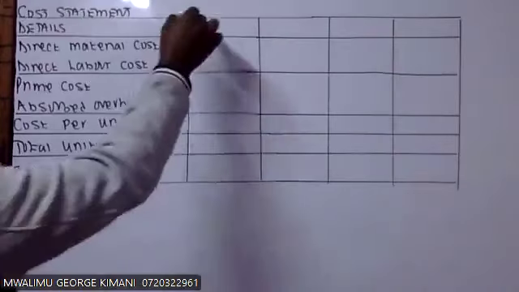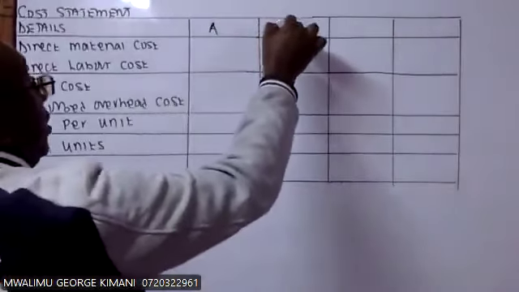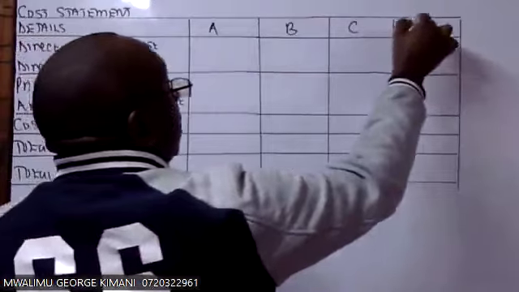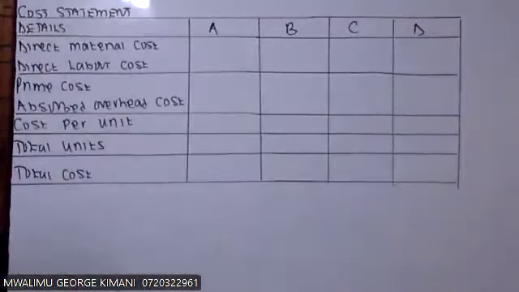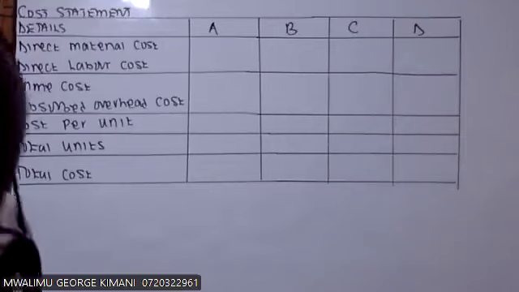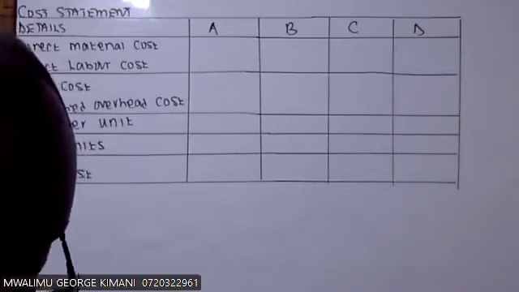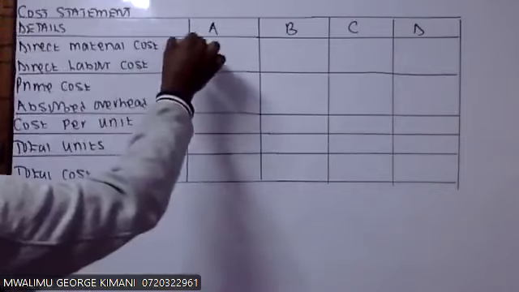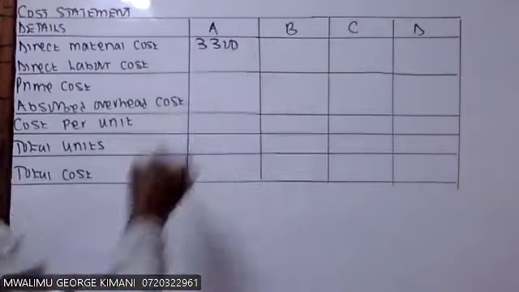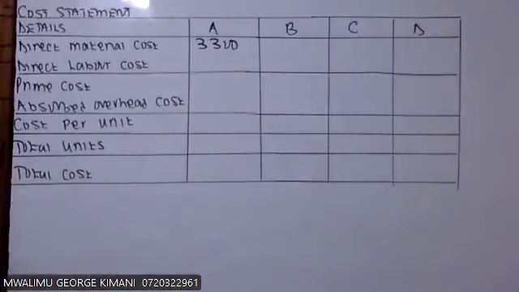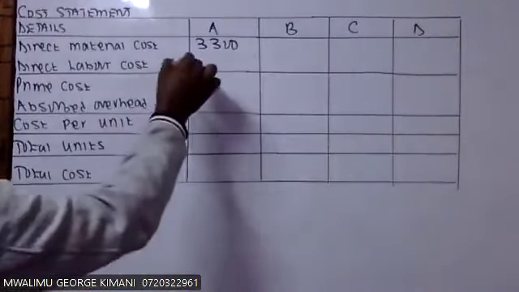So this is product A, B, C, and D. So this one, we just take the materials as given. Like for A, it is that 300, and rebar is 2310.